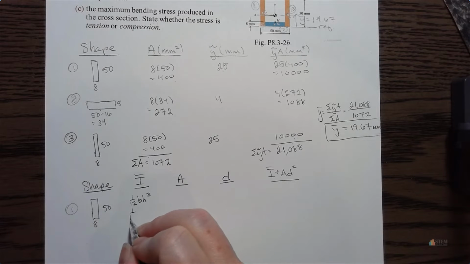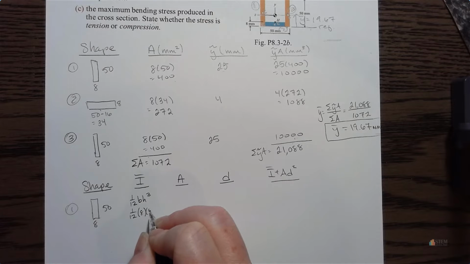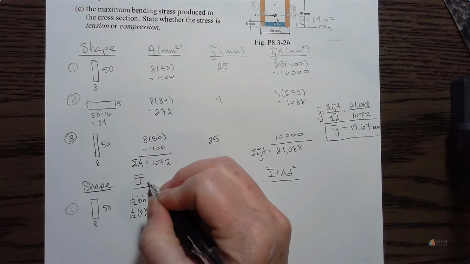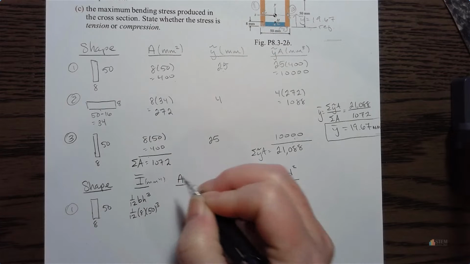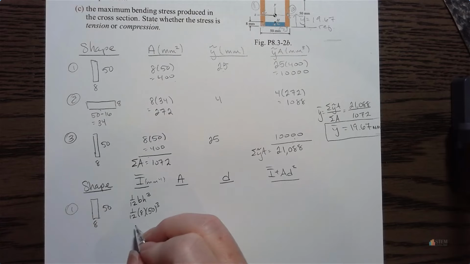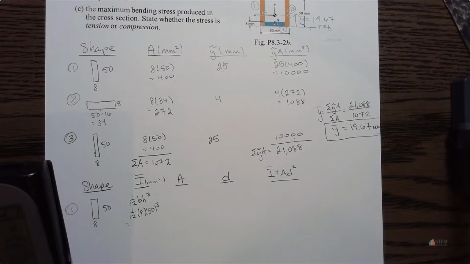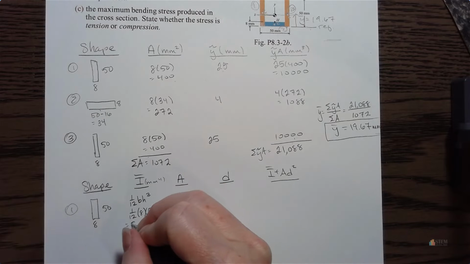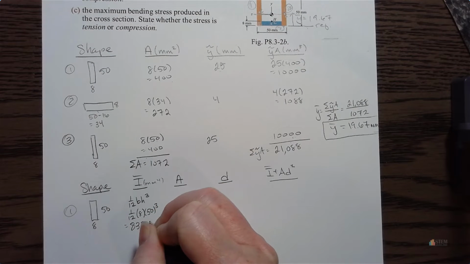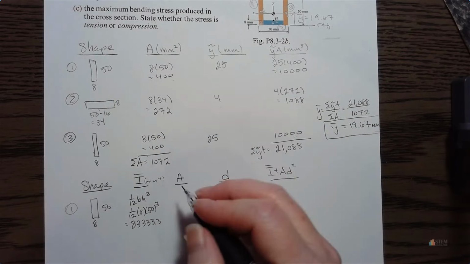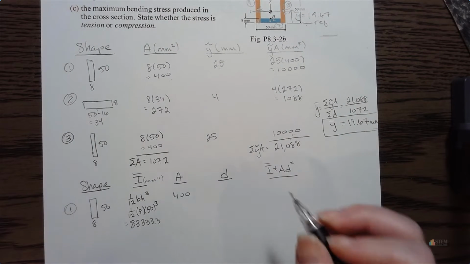So if we plug in our numbers, we got 1/12 times 8 times 50 cubed. All right, and then notice your units here will be millimeters to the 4th. Okay, so let's see what we get for that. So it's 83,333.3. All right, area we already calculated up here, so just bring that down.